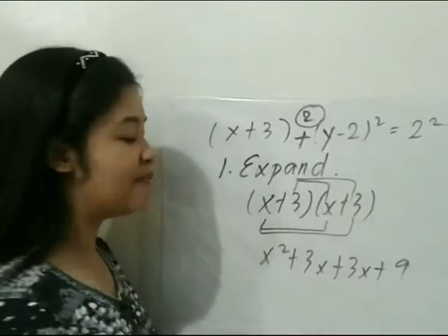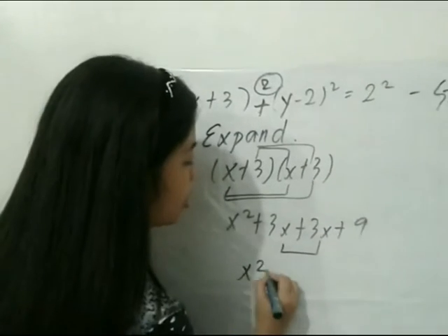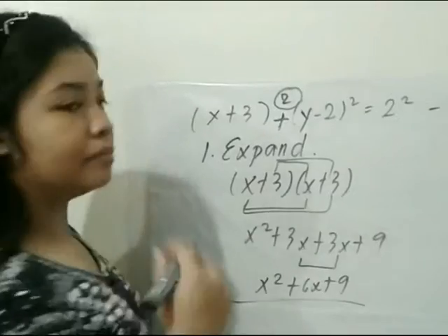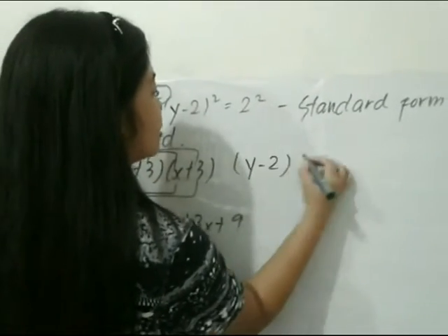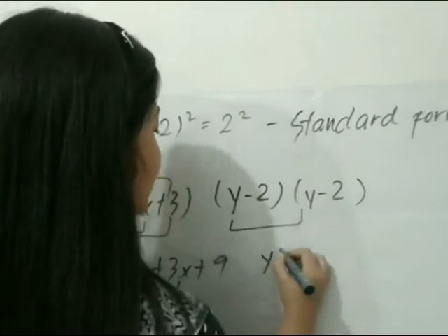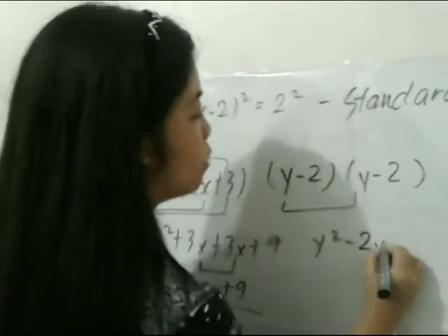Now, we can still simplify the equation by adding these two like terms. x squared plus 6x plus 9 would become the sum. Same with y. (y minus 2) times another (y minus 2). y times y would become y squared. -2 times y would become -2y.